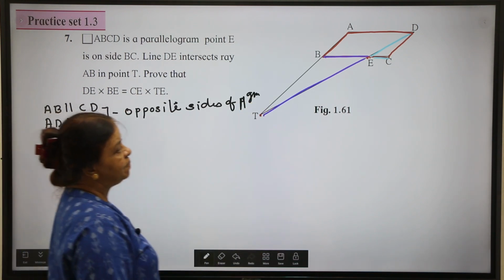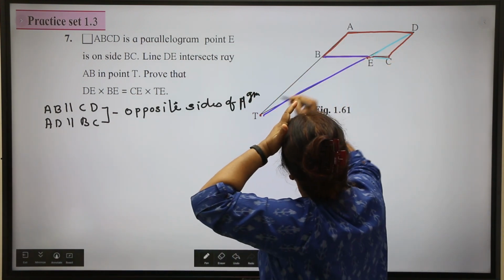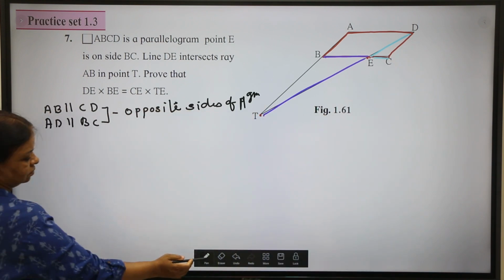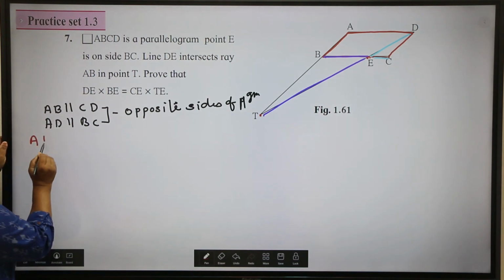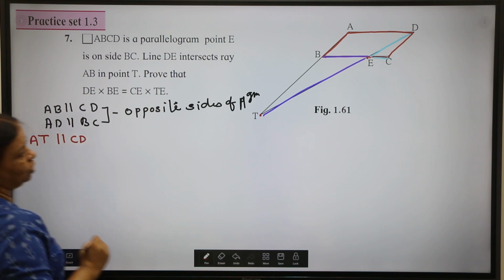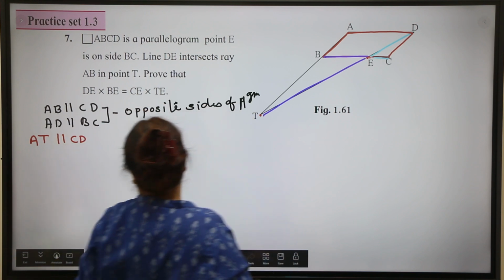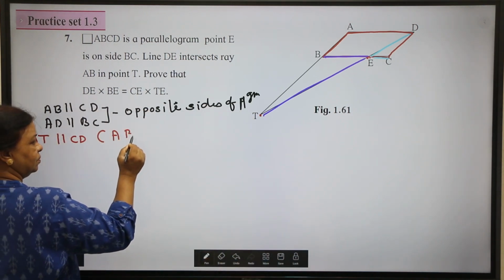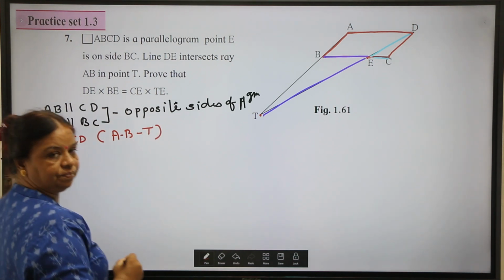So if AB is parallel to CD, can I say AT is parallel to CD? I can say AT is parallel to CD because A, B, T are in one line. Yes, they are collinear.